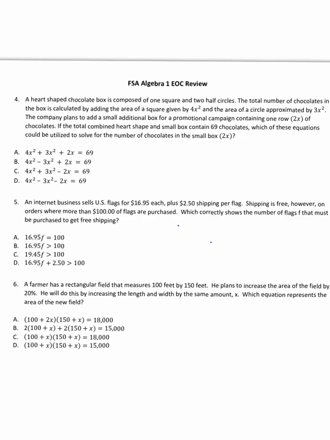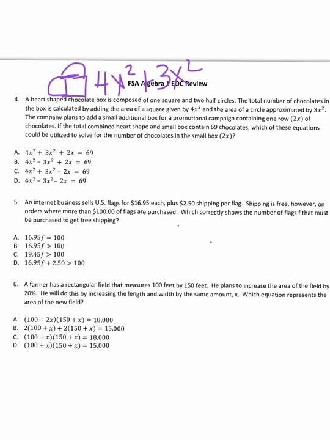That's how you get the total chocolates in that heart-shaped box, because it has 1 square, and then it's going to have 2 circles, and there you go. And so they said that the area of this one is 4x squared, and the area of a circle, because they're saying they cut the circle in half, so plus 3x squared.